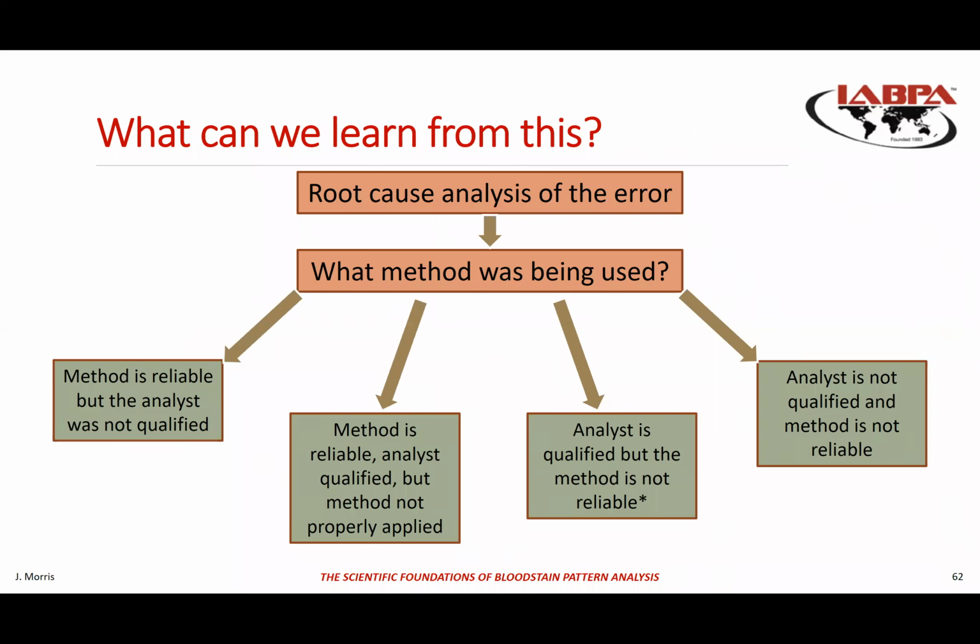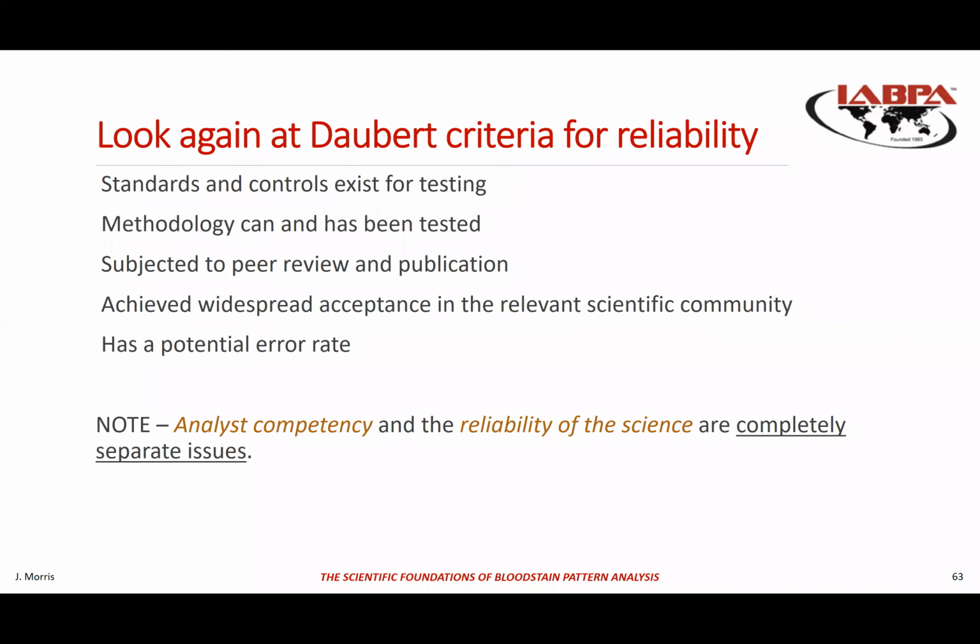So what we have learned here is that we need to be asking the question, when errors occur, what method was being used? When we look at the method, that will go a long way in determining what caused that error. Again, as we look at the Daubert criteria for reliability, the way I understand this is that analyst competency and method reliability are completely separate issues.